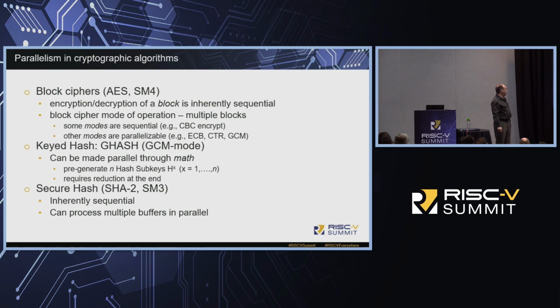And then for the secure hashes, SHA-2, SM3, they're inherently sequential. So this is what I was talking about. Do multiple buffers in parallel. If you're going to be sending multiple messages, you can create multiple signatures by working on those different messages in parallel.